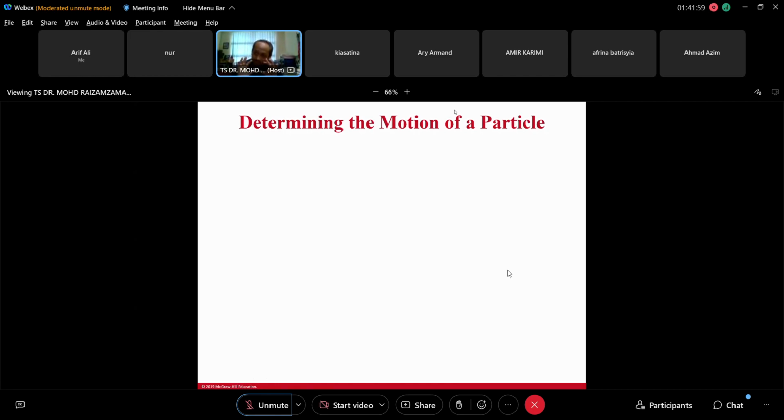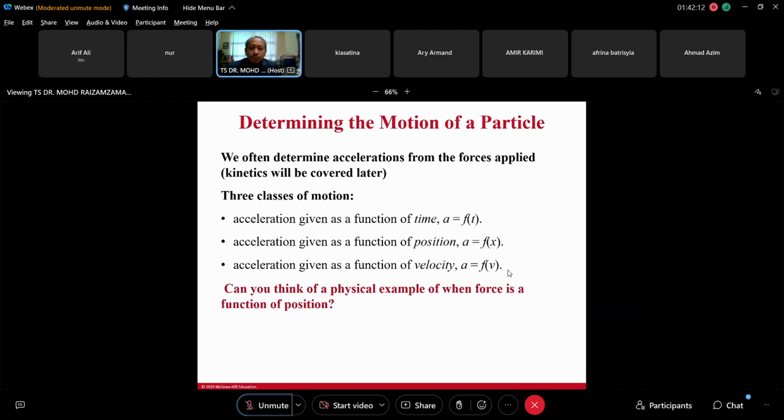We have done the first learning outcome. Now let's look at the second learning outcome, how to calculate the motion of a particle. Go straight to the table here. We often determine the acceleration from the force applied. This kinetics will be covered later.